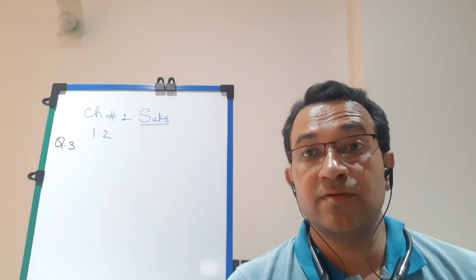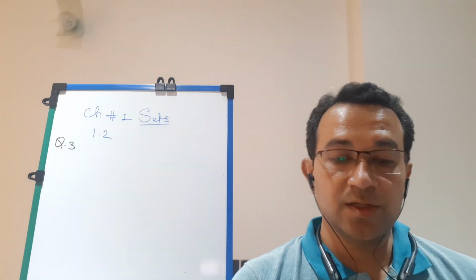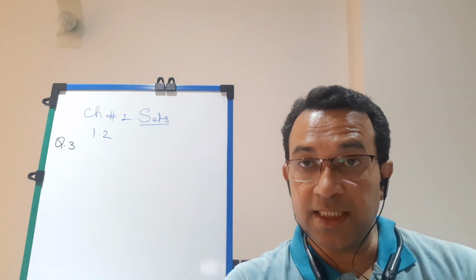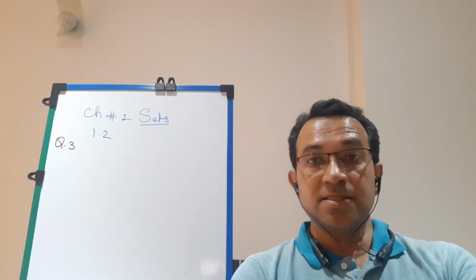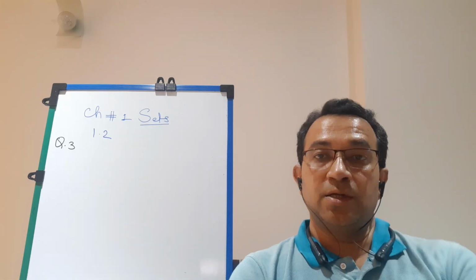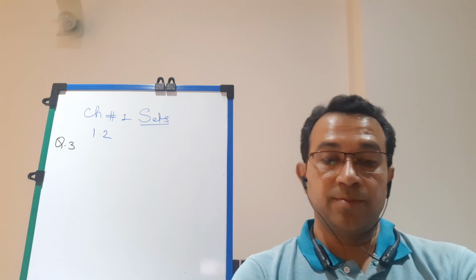6 is a divisor of 60, but 6 is not a prime. Students, 6 is a divisor of 60, but it is not a prime. 60 is divisible by 10, but 10 is not a prime. In the same way, 12 is not a prime, 15 is not a prime, 20 is not a prime.